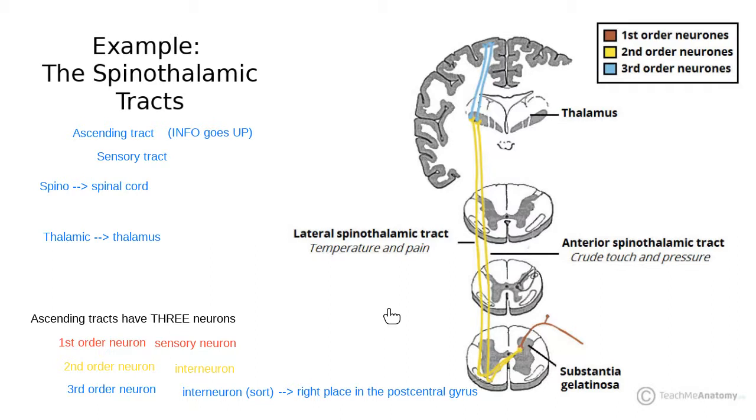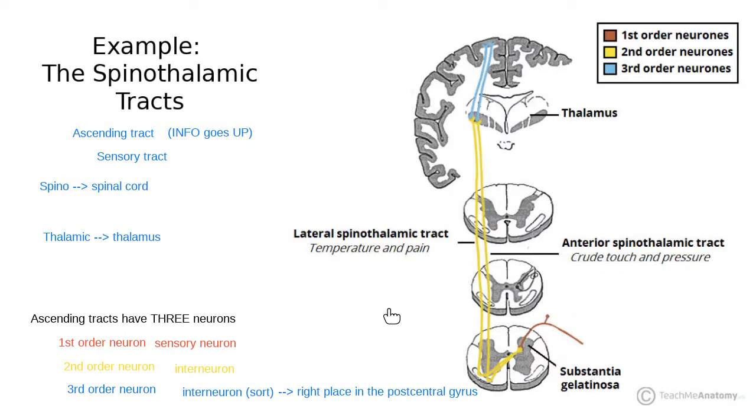I guess I'm just a little more confused now. So the big idea for ascending tracts is the first order neuron is the receptors, the sensory neuron that collects information, correct? Correct. And then the second order neuron is what is taken to the inner neuron that basically, well, you said it doesn't process, right?